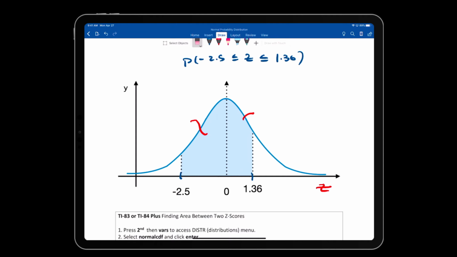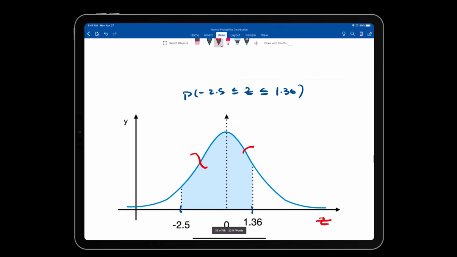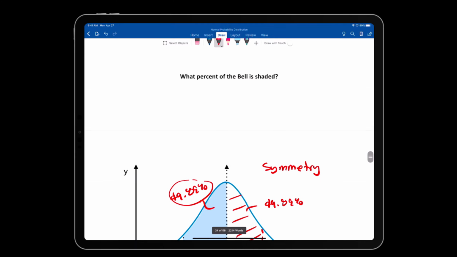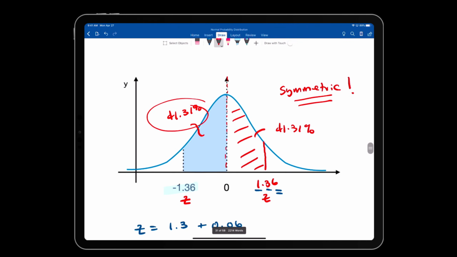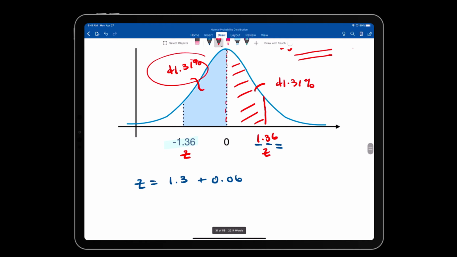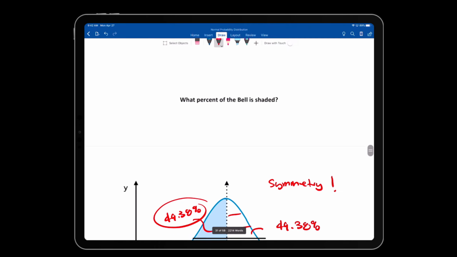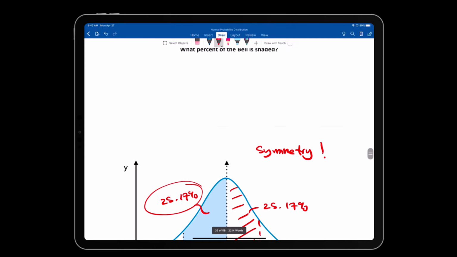You have to figure out both of them. From 0 to 1.36, I think we have that somewhere. Yeah, it was 41.31. Remember this one? 41.31 is over here.